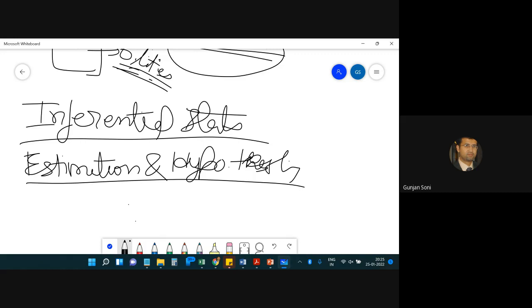When I can't have the data for the complete population, I use an estimator or a statistic, like the mean or standard deviation. I'm using the sample standard deviation or the sample mean. They are statistics coming out of a sample, so I use them to make an estimation about the population parameter.